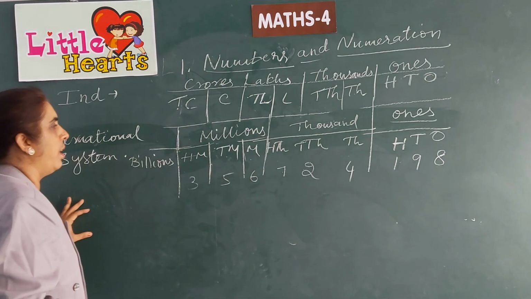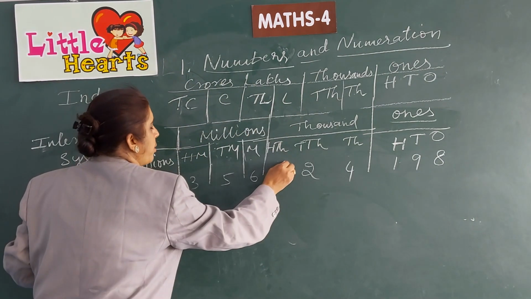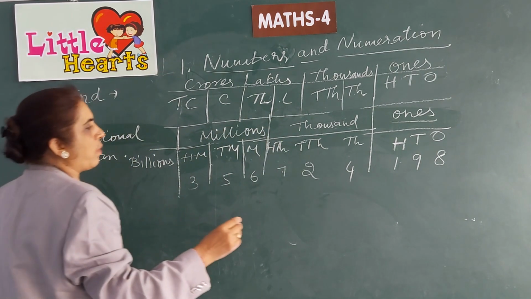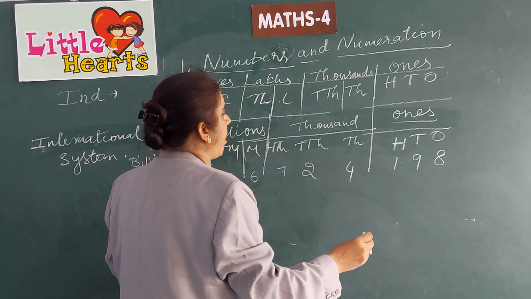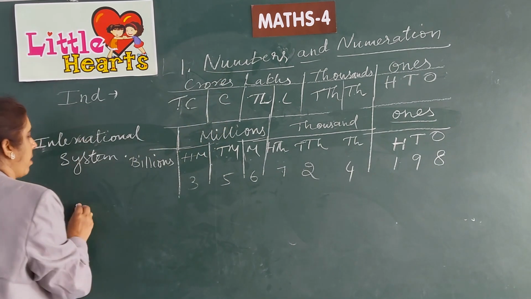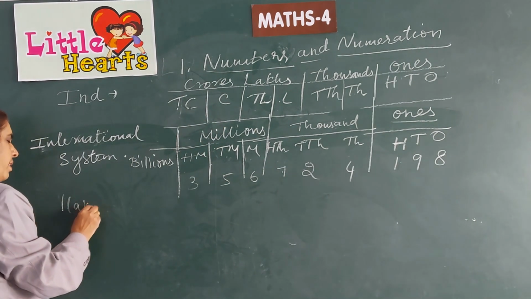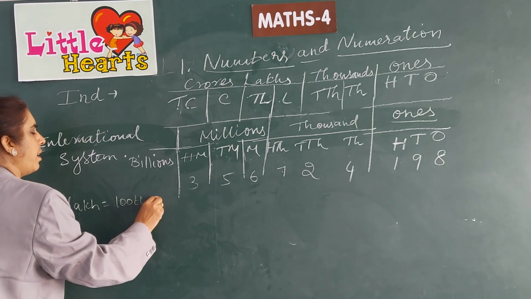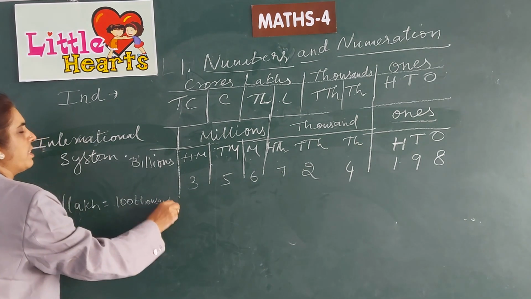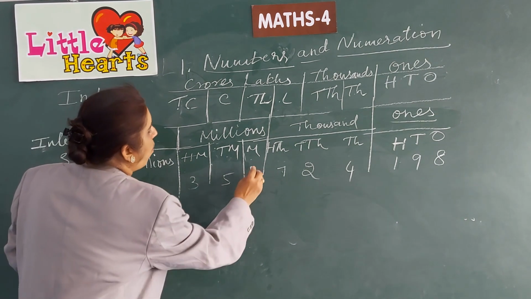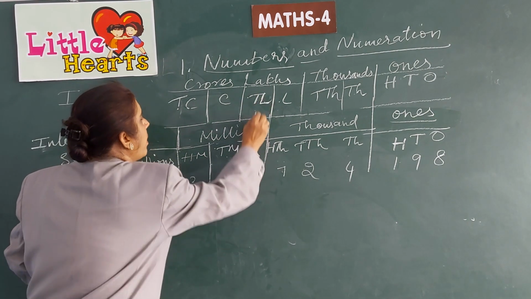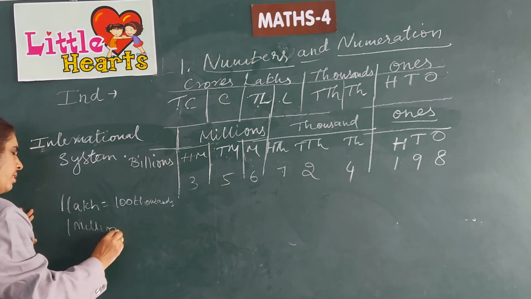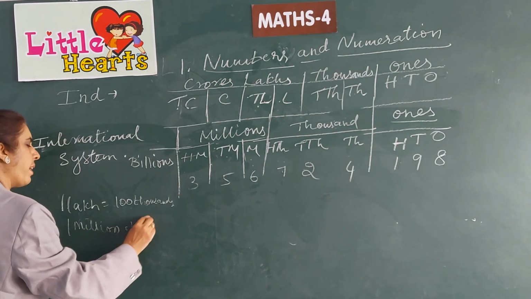Now here, 1 lakh is equal to 100,000s in the international system, and 1 million equals 10 lakhs.